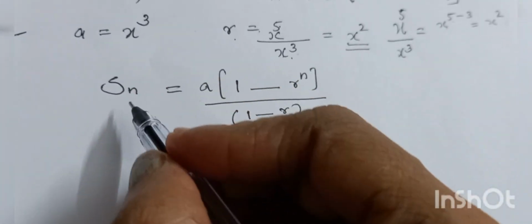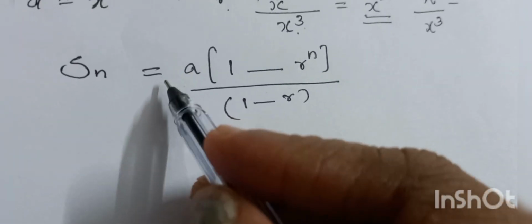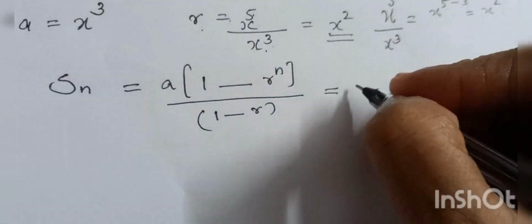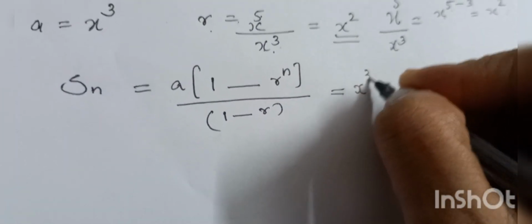Then apply the formula. Sn is equal to a in bracket 1 minus r to the power n whole divided by 1 minus r. So we get, what is a over here? It is x cube, isn't it?